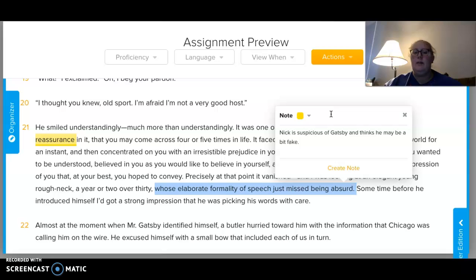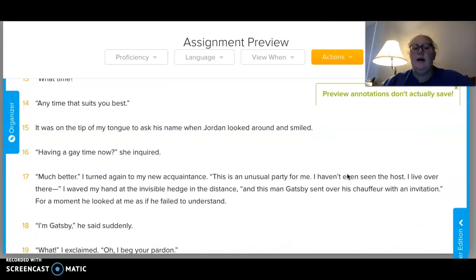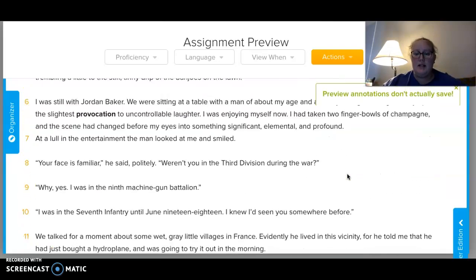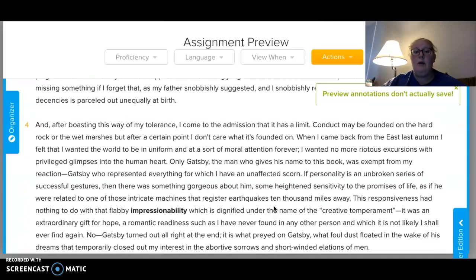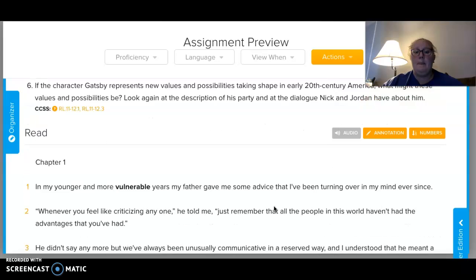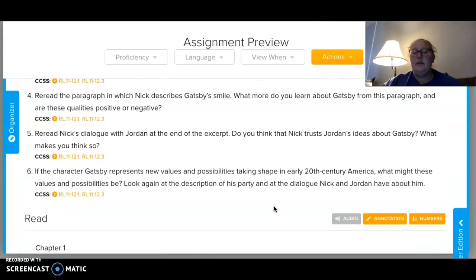And another piece of background information that helps that is that Gatsby kind of comes out of nowhere. And he is a millionaire in a time when self-made millionaires would not have really happened by the age of 30.